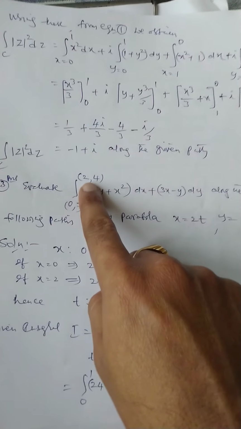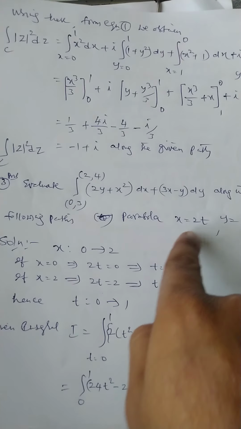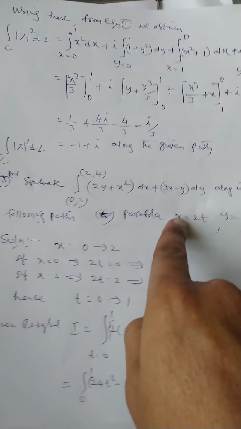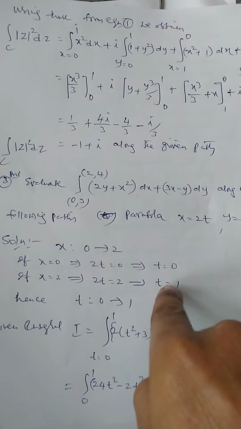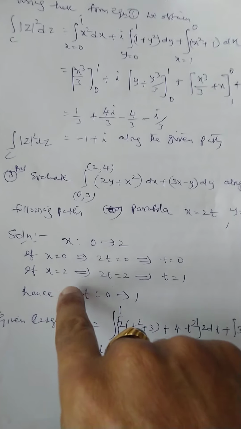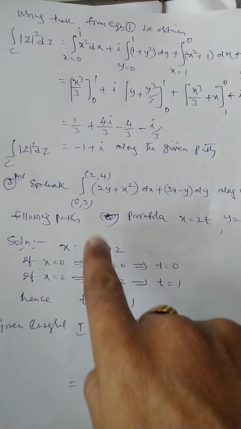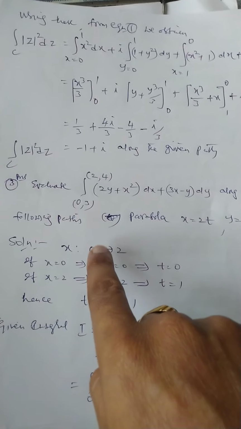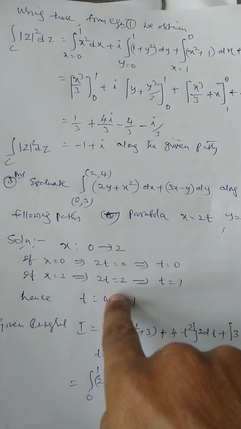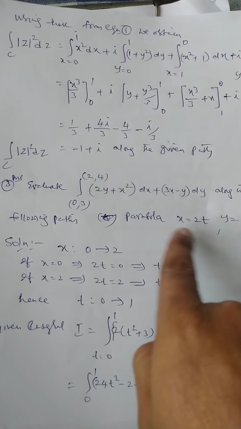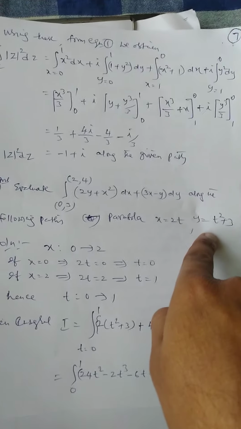If x equal to 2, 2t equal to 2, the 2 cancels, t equal to 1. So hence we can say t varying from 0 to 1. That means I am converting Cartesian to parametric form. So x from 0 to 2 can be written as t varying from 0 to 1, because the parametric equation is given as x equals 2t, y equals t square plus 3.